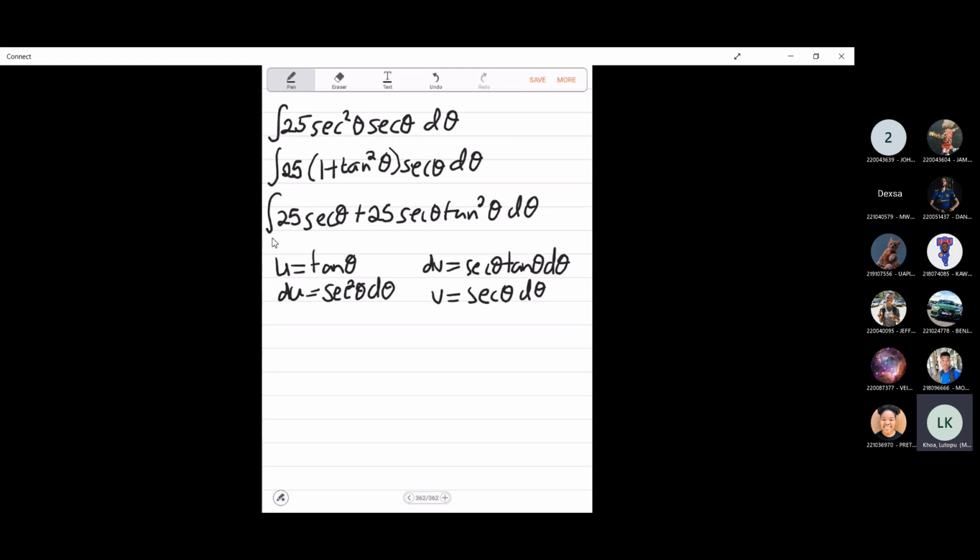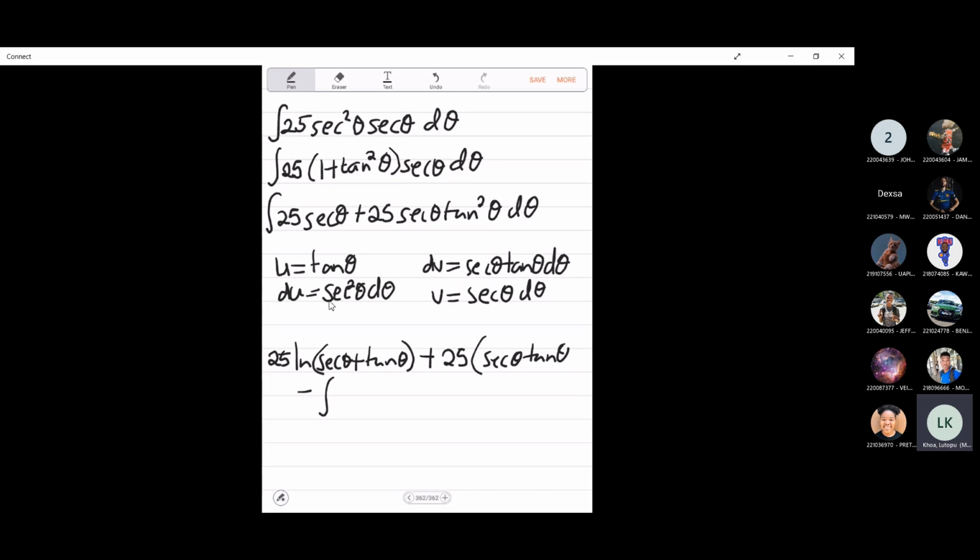Okay, so we can now integrate. The integral of 25 sec theta is 25 ln of sec theta plus tan theta, and then we have 25 multiplied by the integral of this, which we use by parts, so u times v, so it's sec theta tan theta minus the integral of v times du.